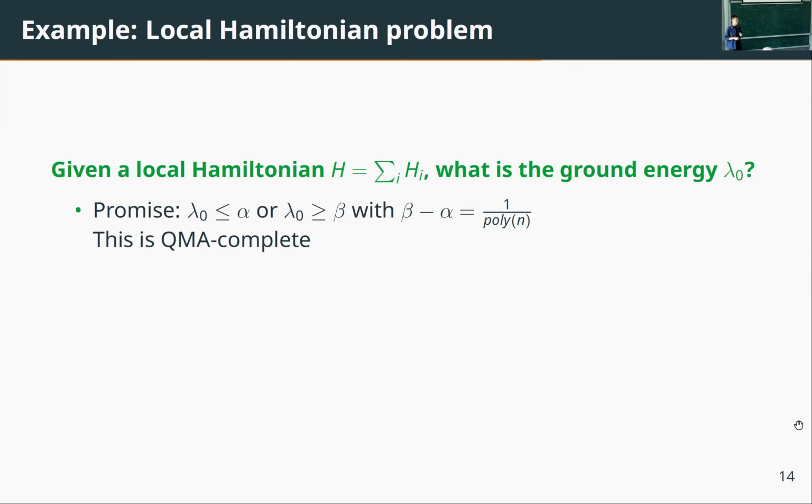If your Hamiltonian is 2-local or 5-local and is coming from some circuit-to-Hamiltonian construction, then you would have some promise that this ground energy is either lower than alpha or higher than beta, where beta minus alpha has an inverse polynomial gap or a constant gap. It depends on your settings. So this is a QMA-complete problem. So it's kind of a hard problem.